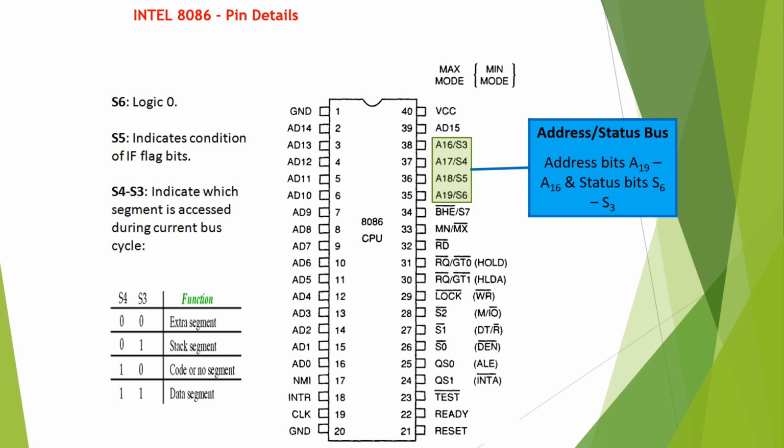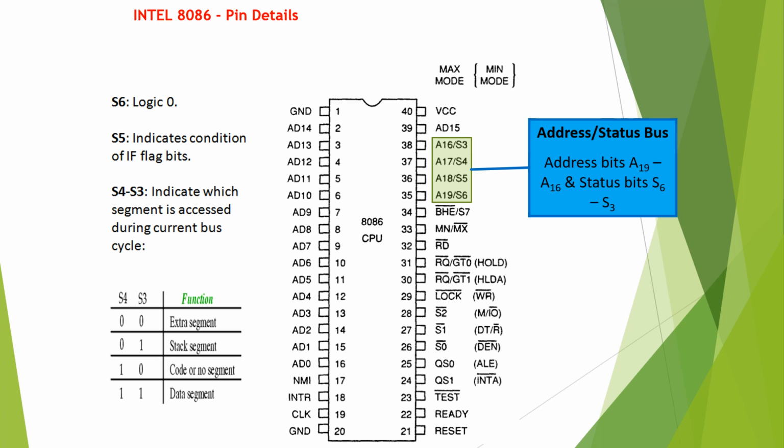When S4 is 0 and S3 is 1, the stack segment is used. When S4 is 1 and S3 is 0, the code segment, or none, is used. When both are high, the data segment is selected.